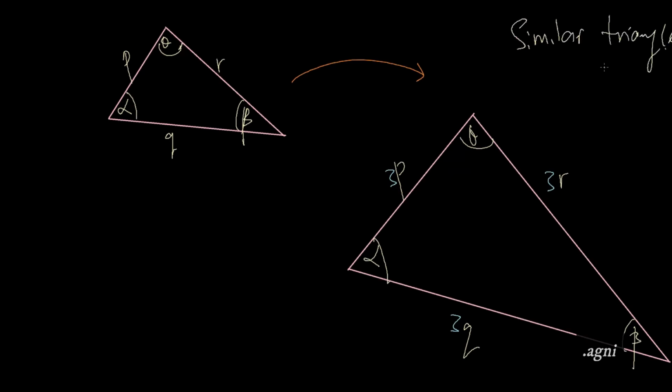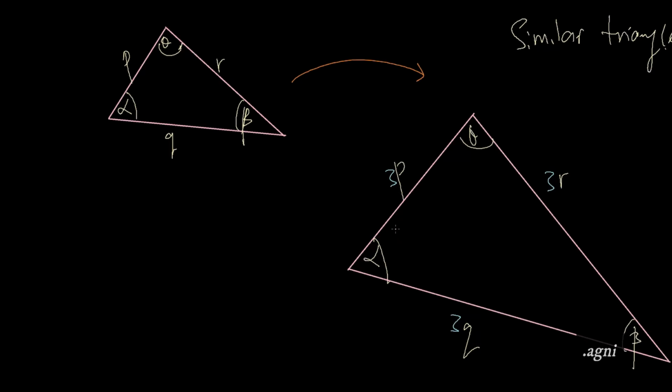So we say these two triangles are similar triangles. Similar triangles are the triangles which have the same interior angles, same exterior angles. So these angles are similar, right? So three angles are there to be matched.